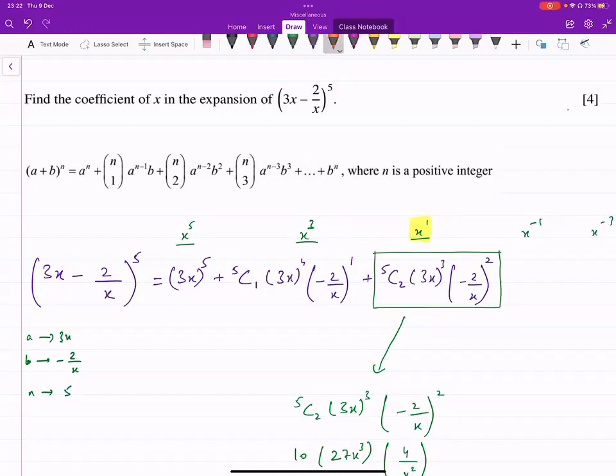So in this case, for instance, you see the power that you were getting from the first term, it's x raised to the power 5. From the second term, it's x raised to the power 4 here and x in the denominator. So the overall power turns out to be 3. Then in the third term, we've got x cubed here and we've got x square in the denominator. So the overall power turns out to be x raised to the power 1.